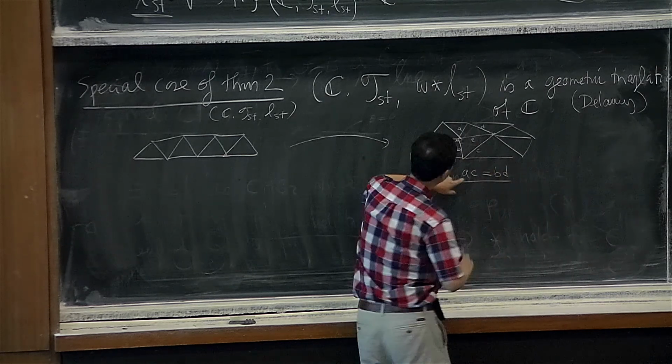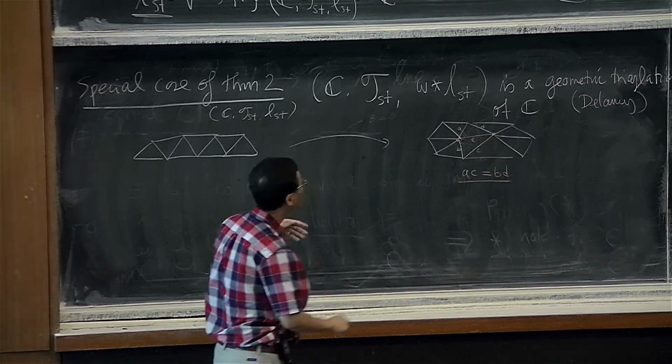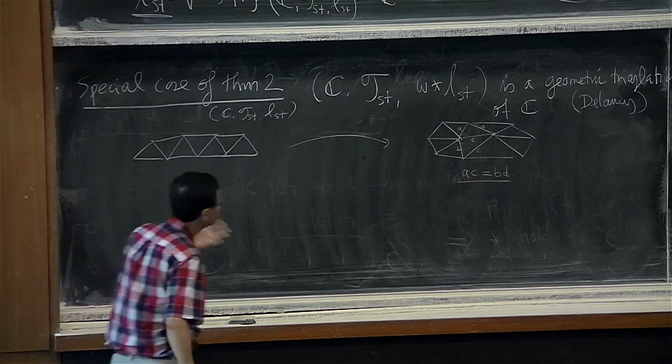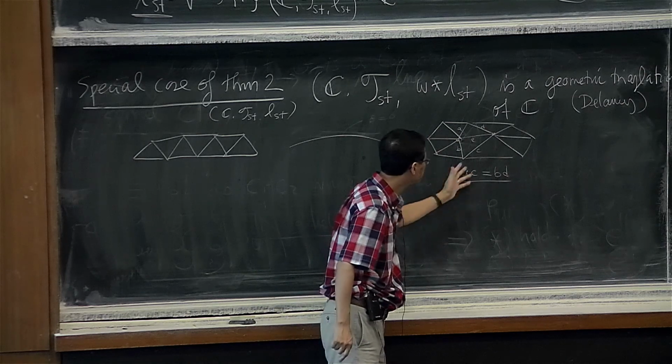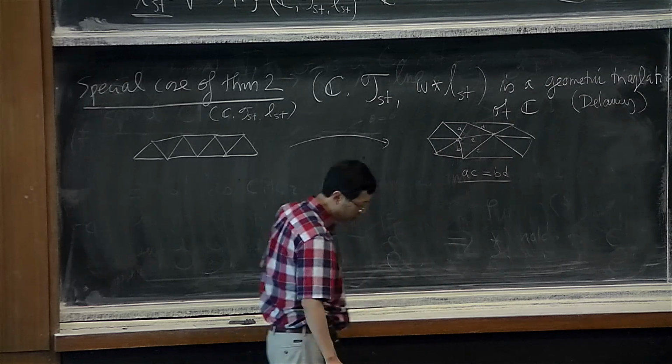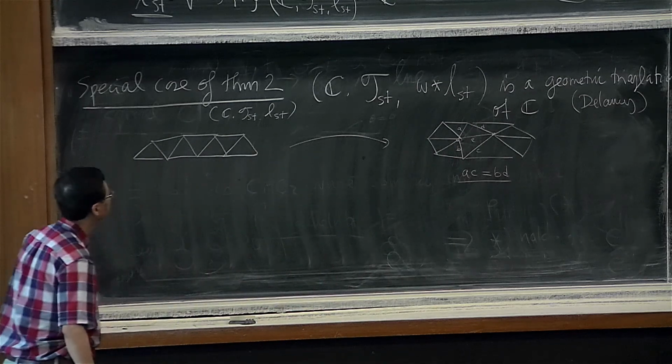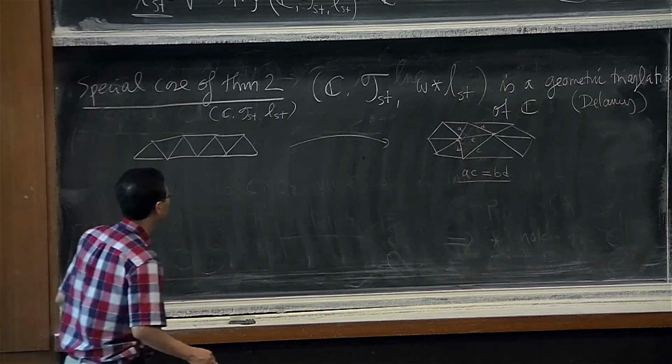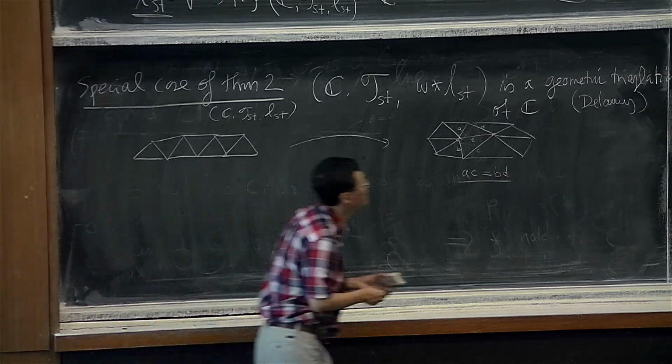This condition is true at every edge, and the theorem says that if it is true for every edge, then all the edges have the same length.